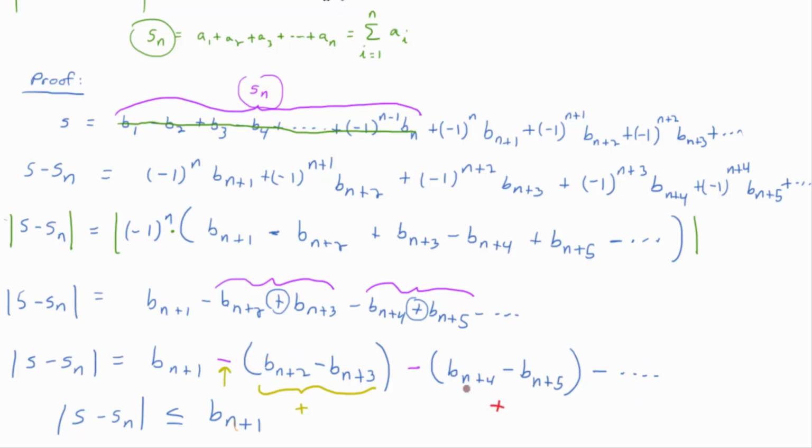This guy is a positive number, but you're subtracting it from ultimately b_{n+1}, which would make it smaller if you didn't delete it. So by deleting these guys, including the dot, dot, dot, I'm making a bigger number on the right side. Does that argument make sense? Then you'd have to insert that inequality to have a statement that makes sense, so that the absolute value of S minus S_n is less than or equal to b_{n+1}. And that's it. That's the proof.